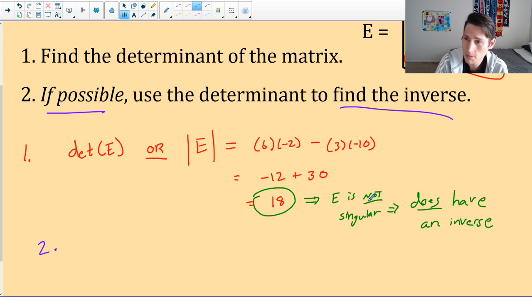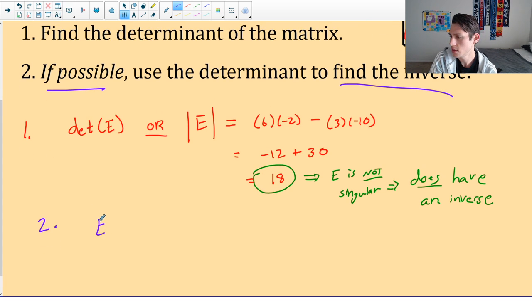Remember, singular means that the determinant is 0, right? And so basically what we conclude is if the determinant is 0, then that matrix has no inverse. All right, but this matrix's determinant is not 0, so we know that it does have an inverse, so we can actually find it. So let's find it.